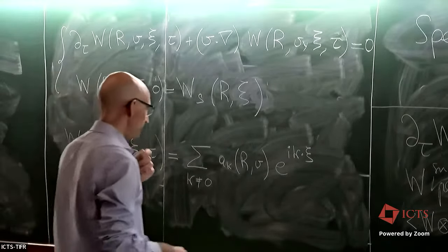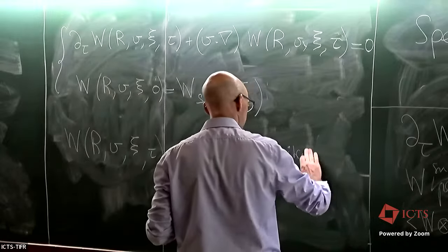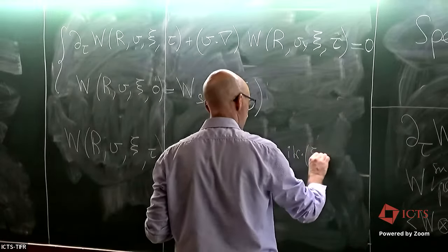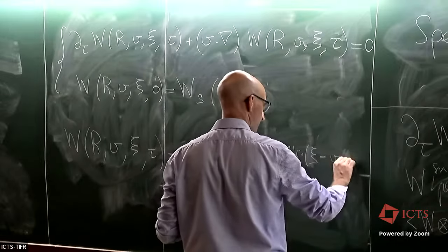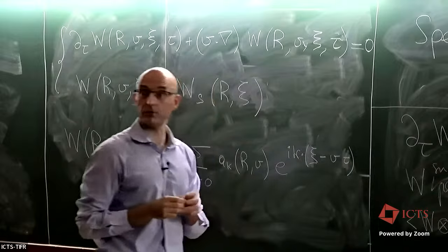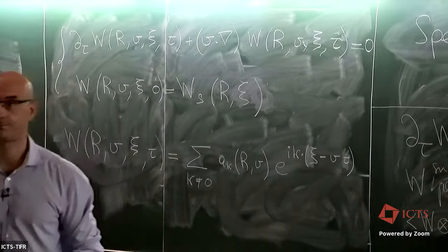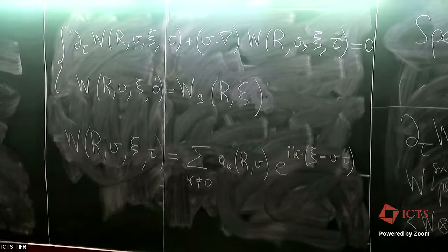So it's going to be something like psi minus v t tau. Okay, I even got my explicit solution. Now, what's wrong with this, though?